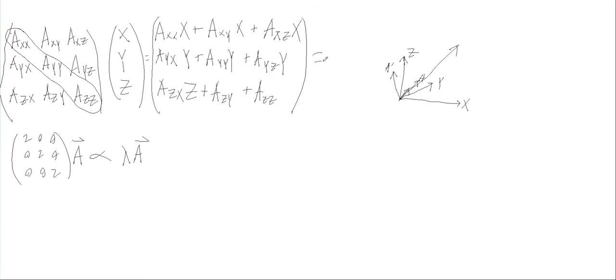And then when we add all these up, we will end up with some new vector. So I'll call it x prime, y prime, z prime. And that is how you operate on a vector with a matrix.